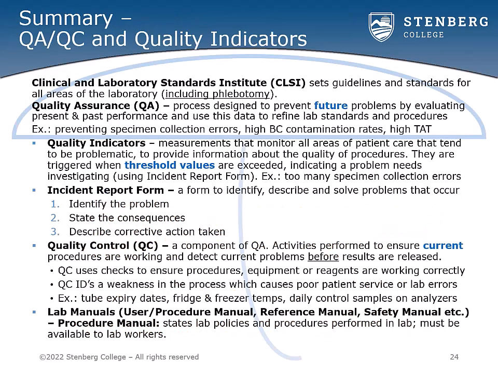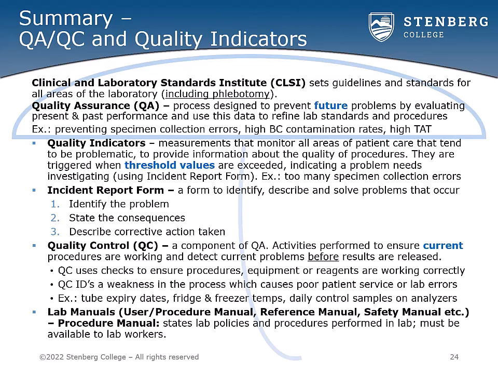To summarize quality assurance in the laboratory, the Clinical and Laboratory Standards Institute, or CLSI, sets guidelines and standards for all areas of the laboratory, including phlebotomy. Quality assurance, or QA, is the process designed to prevent future problems by evaluating present and past performance, and then using this data to refine lab standards and procedures.